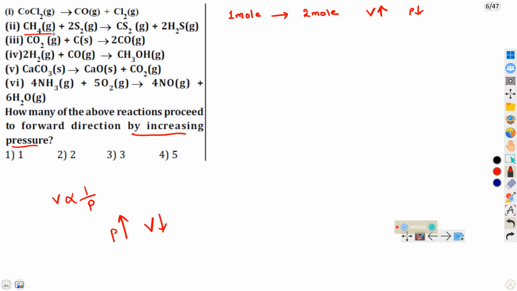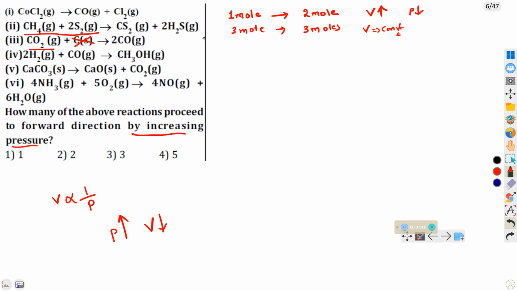Second one, how many moles of gaseous reactants? 2 plus 1, 3 moles of gaseous reactants converted to 3 moles of gaseous product. So here volume remains constant. Third one, this is solid, neglect the solid.